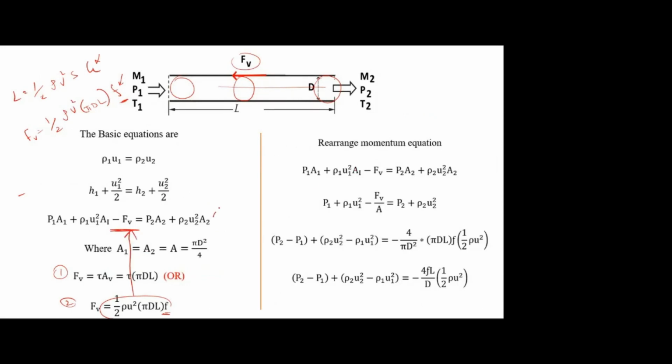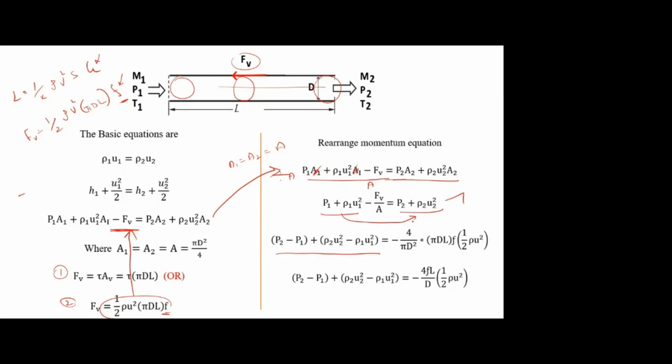So the same equation. First I'm dividing this equation by A, where A1 is equal to A2 is equal to A. So I will get P plus rho U squared minus Ff by A is equal to P2 plus rho 2 U2 squared.